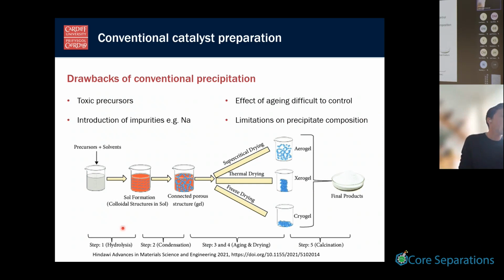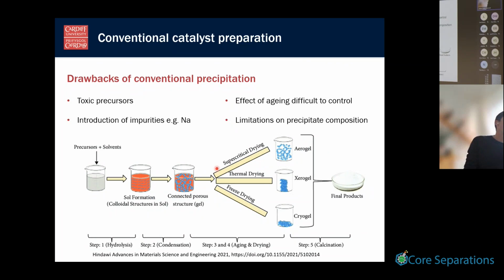So there's a schematic here which shows you a sol-gel precipitation type preparation. And this could also be a co-precipitation. They're pretty similar conceptually, but essentially you start off with a precursor and your solvent. You stimulate some kind of sol formation, perhaps by changing the pH. And you allow this to age, and then you have a drying step and finally a calcination step.